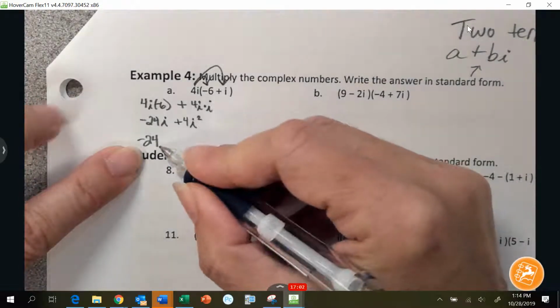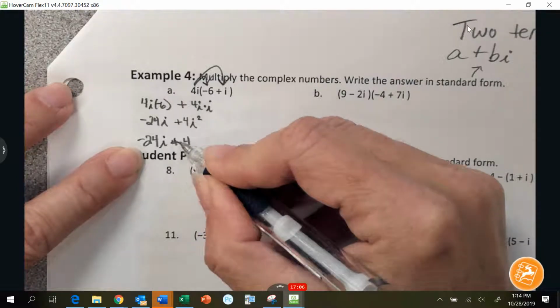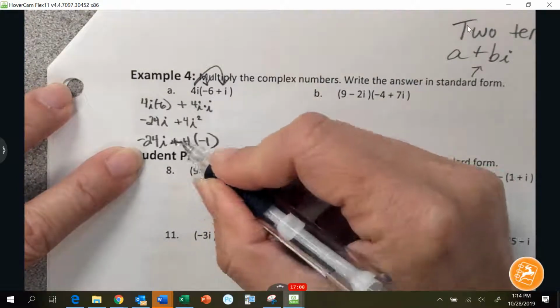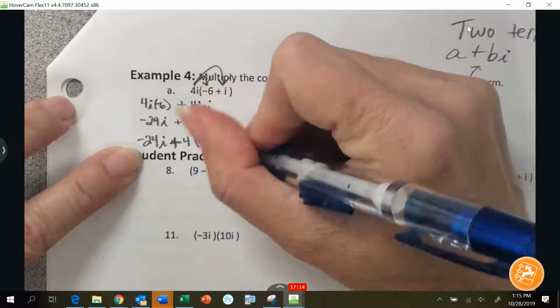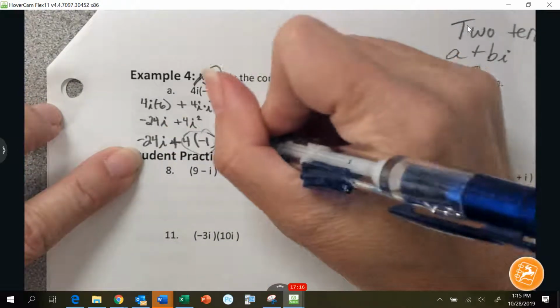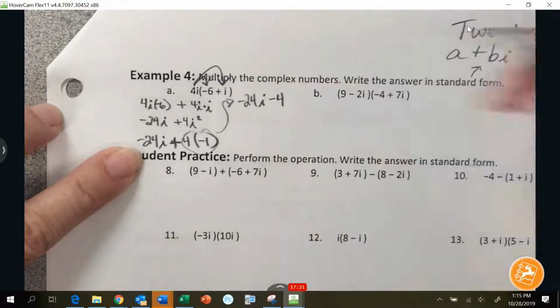So I'm going to have negative 24i plus 4 times negative 1. These will multiply together, and I will get negative 24i minus 4.